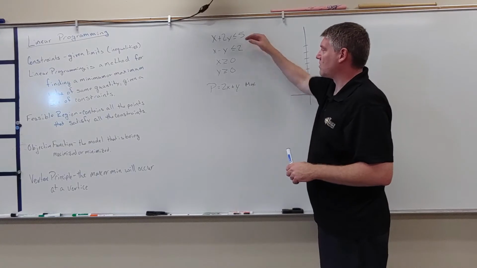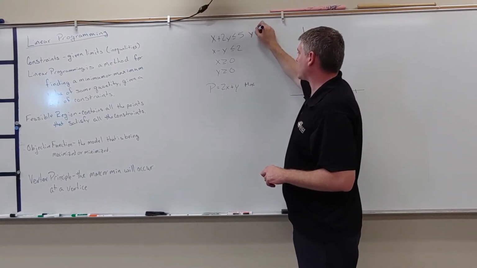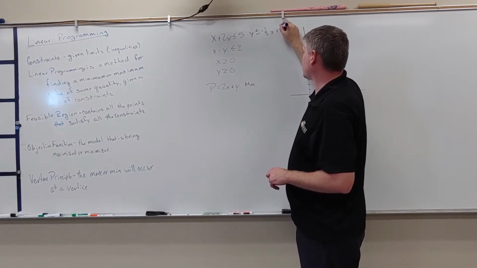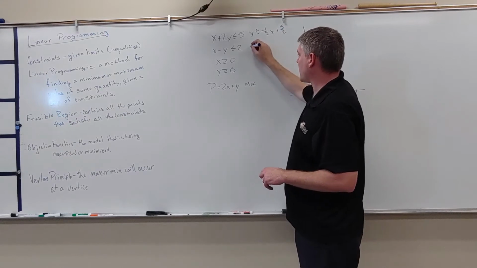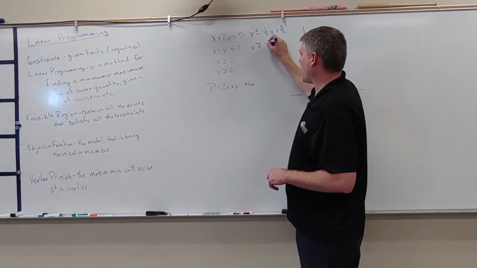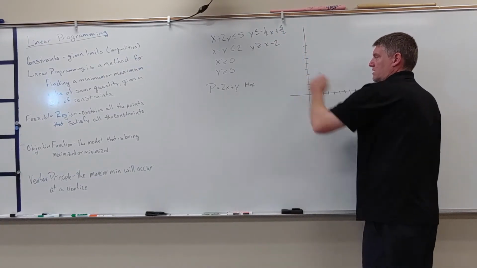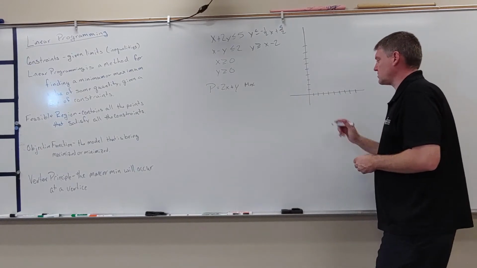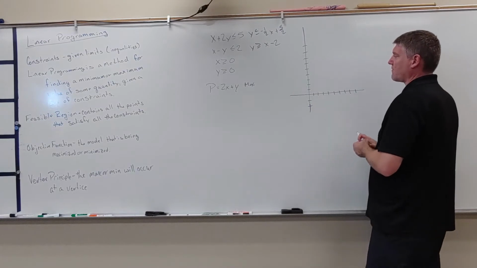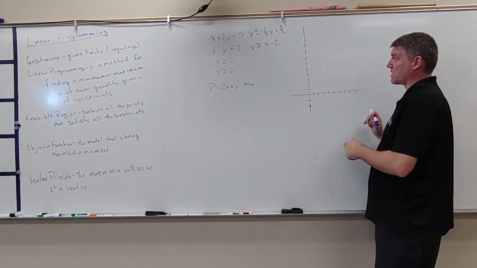I'm going to solve these for y first. Here I get y is less than or equal to negative 1/2 x plus 5/2. Here I have y is greater than or equal to x minus 2. And these are just my x and y axes. So I'm going to start by graphing these two linear equations and finding where they're equal.